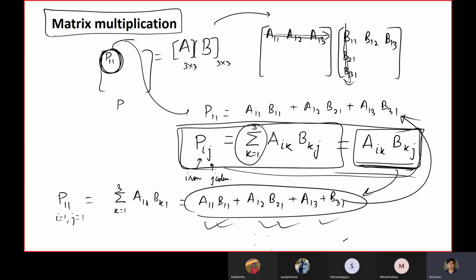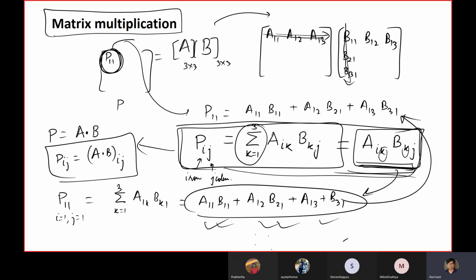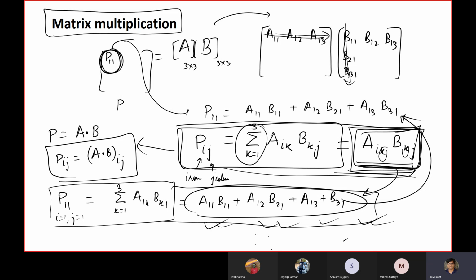Alternatively, one more way to write is this: p is nothing but a dot b, or it can also be written as pij is equal to a dot b ij, where I drop the k. But writing in this form would be better to understand how it is written in terms of this.